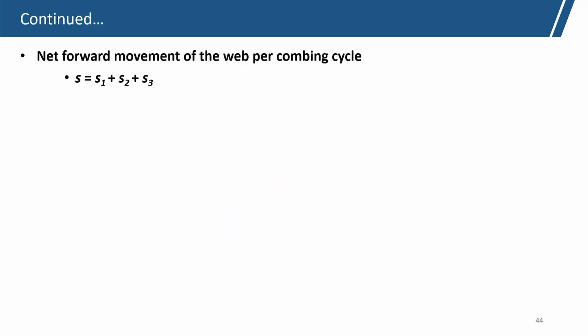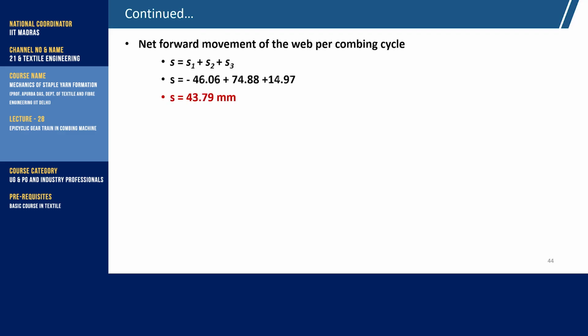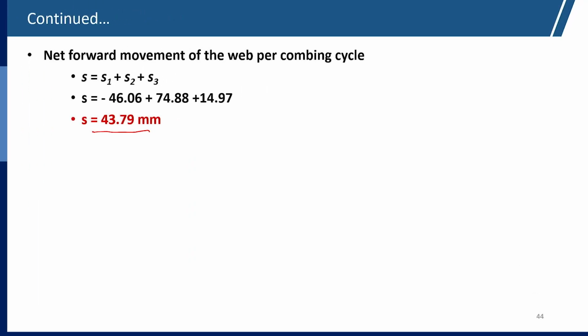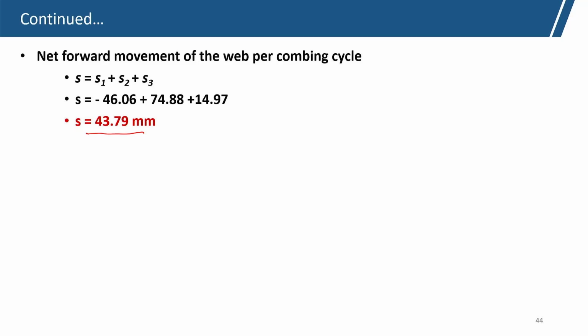So, net forward movement of the wave per combing cycle is S1 plus S2 plus S3. So, this is becoming minus 46.06 plus 74.88 plus 14.97. So, it becomes 43.79. Now, we have tried to understand the basic calculation, how to calculate the net forward movement of the detaching roller.